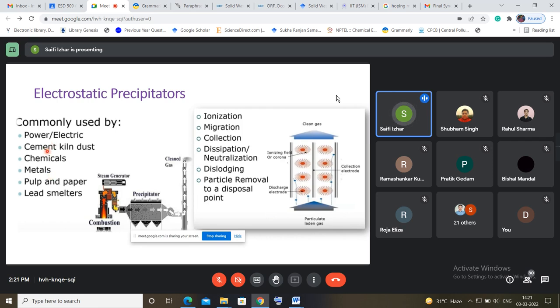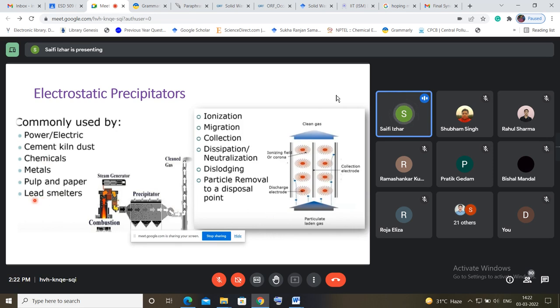It can be in cement kiln industries where cement dust is being produced, and those cement particles are generally calcium particles or silica particles. Those are removed. It can be in metal industries or lead industries, where we want to remove particulates, because metals are basically particulates.